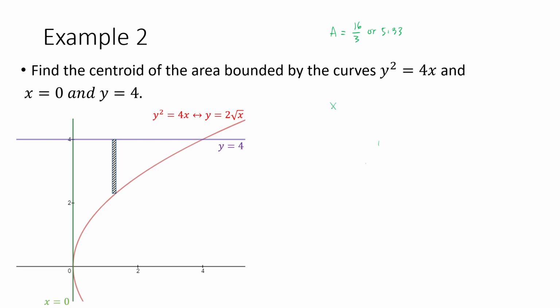Okay, so bar x first. Again, it will depend on what type of area you're going to use. Since we're using the vertical strip, this one is now x sub c and then y top minus y bottom dx from x1 to x2. So bar x is times 16 over 3.